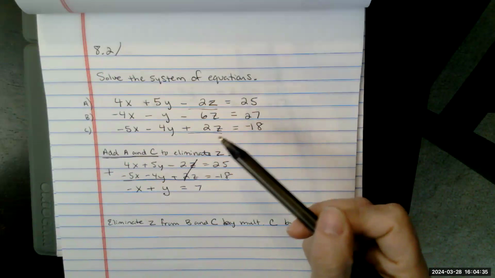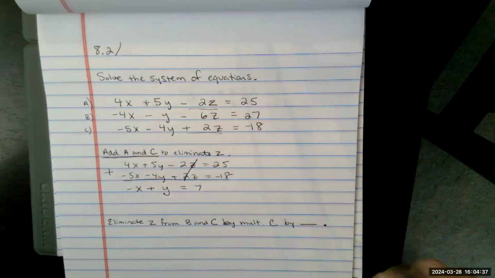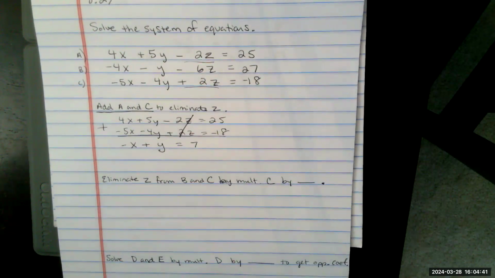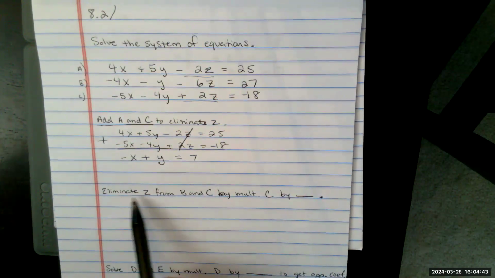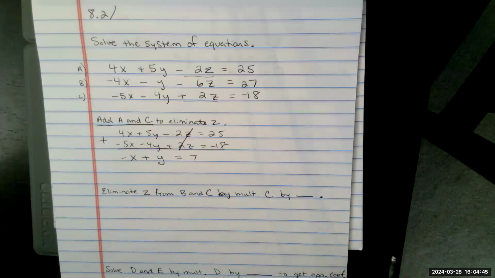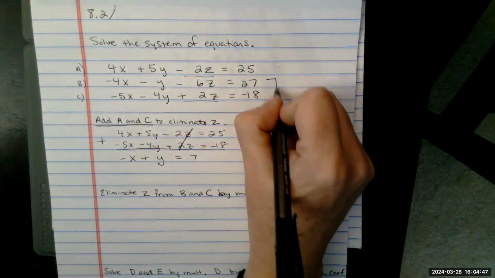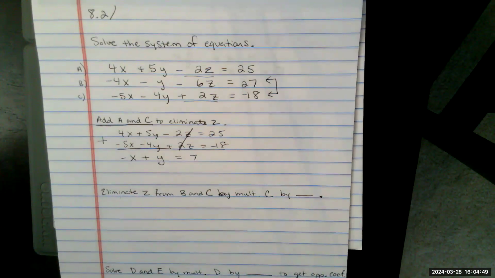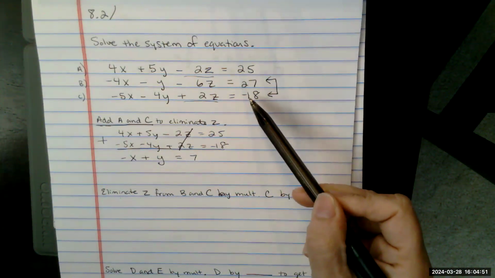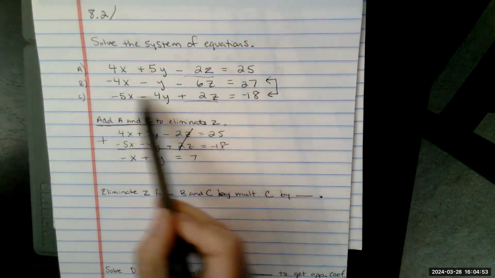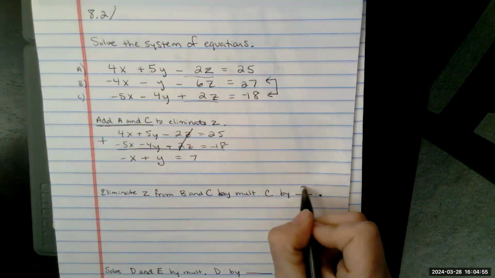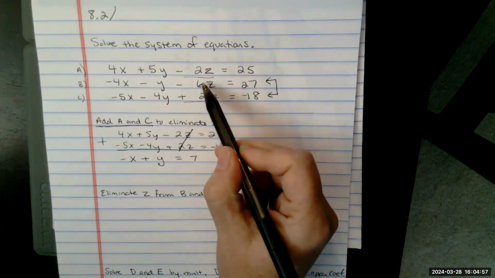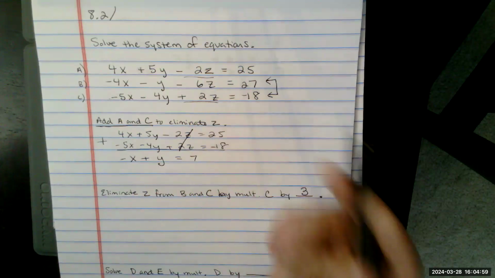So now I'm going to do it again, combine two other equations and get to this point so then I can solve for x and y. So if I want to eliminate z from b and c, so these two equations, I would do that by first multiplying c by 3, because then I'd have the -6 and the +6.